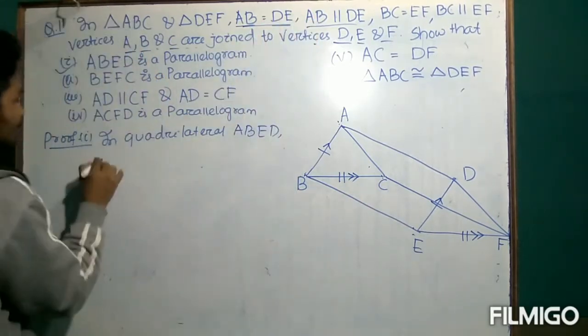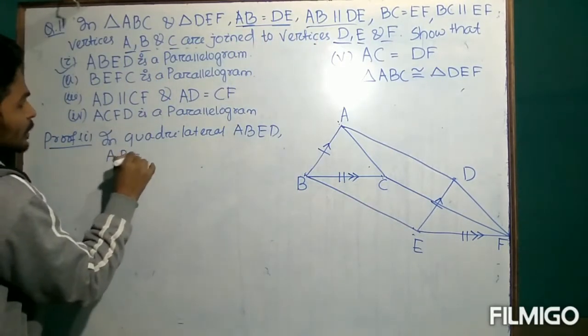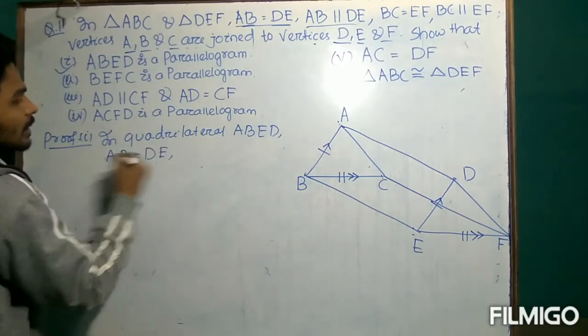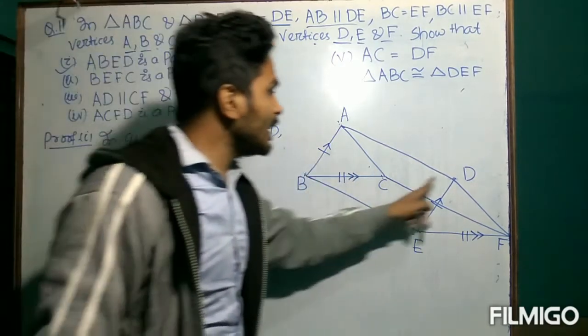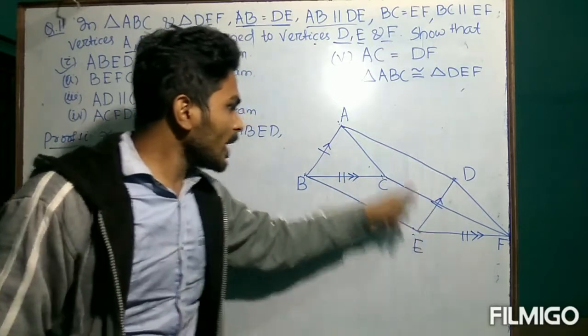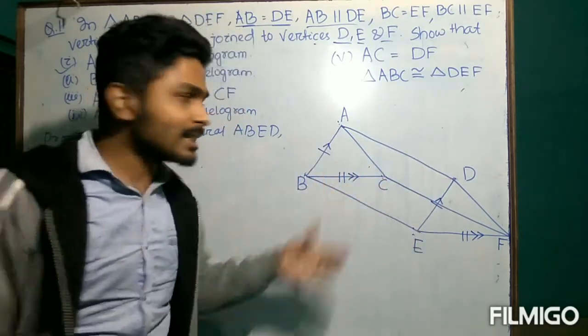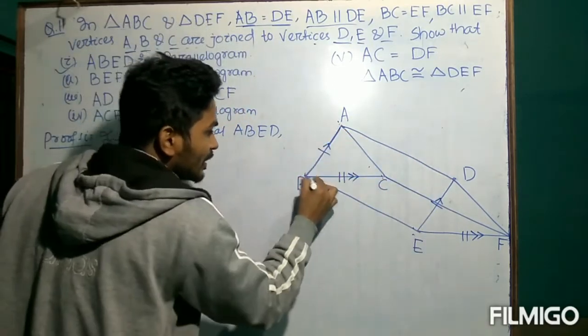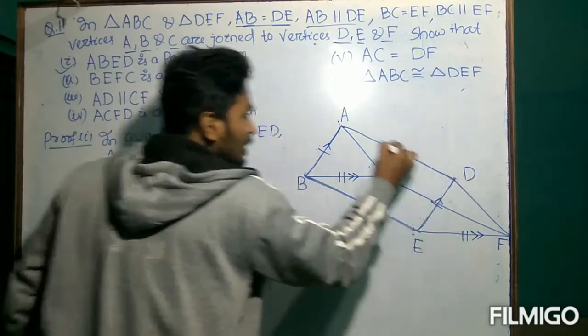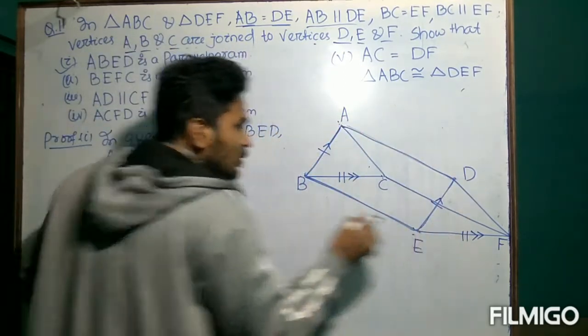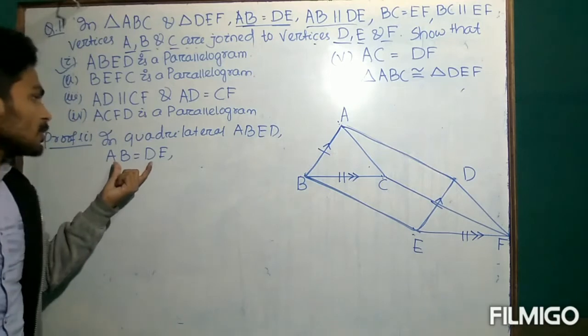So AB and DE are two opposite sides of this quadrilateral, and these two opposite sides are equal.